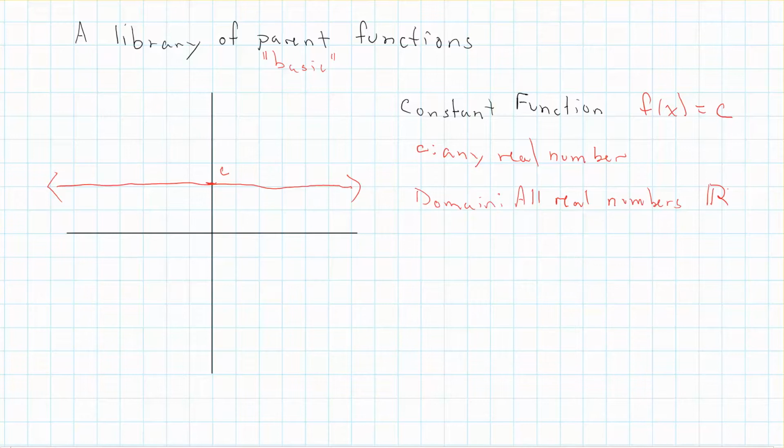All real numbers, this capital R with a line through it, shorthand. And then the range, remember the range is just the outputs that we get. And so we get that this would be simply just c, because there's only one output.